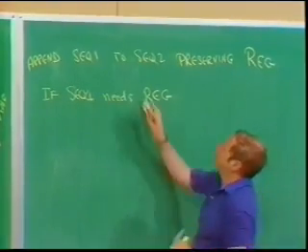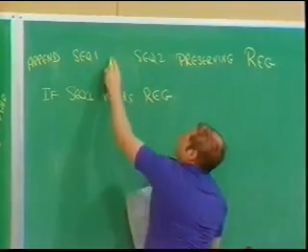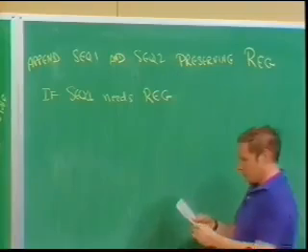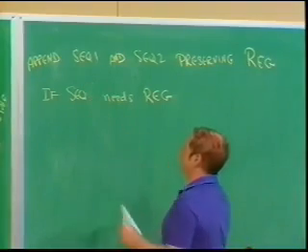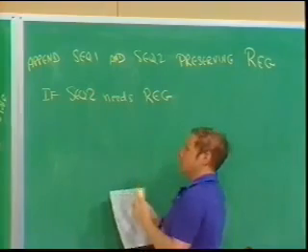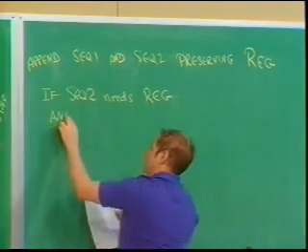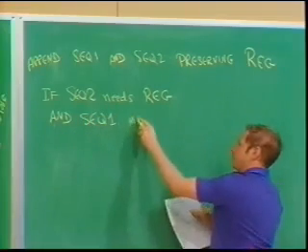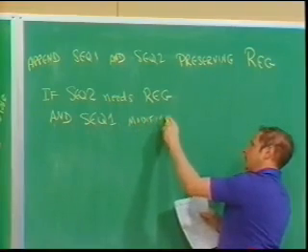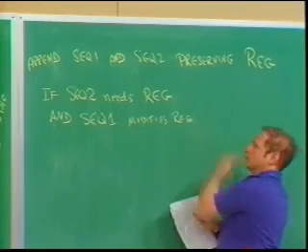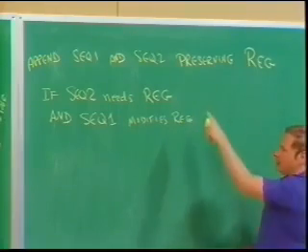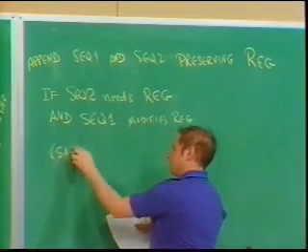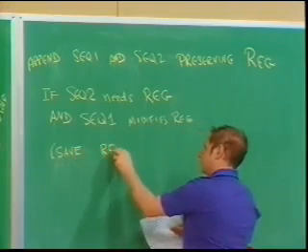We say "and," so it's clear that sequence 1 comes first. So if sequence 2 needs the register and sequence 1 modifies the register, then the instructions that the compiler spits out are: save the register.